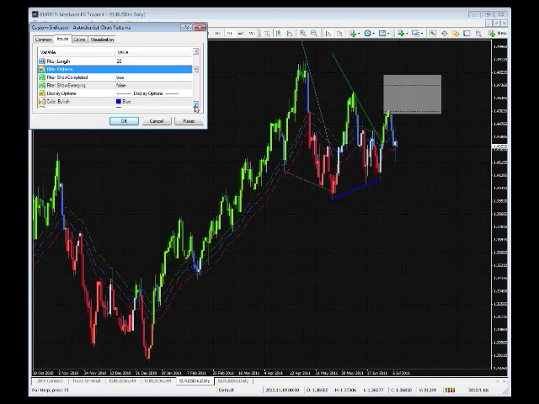I have a length of 30. I'll keep it 20. I don't think it needs to be changed that much. But again, if you're getting patterns that you find are just not what you're looking for, uniformity and clarity are great places to start to look for patterns.